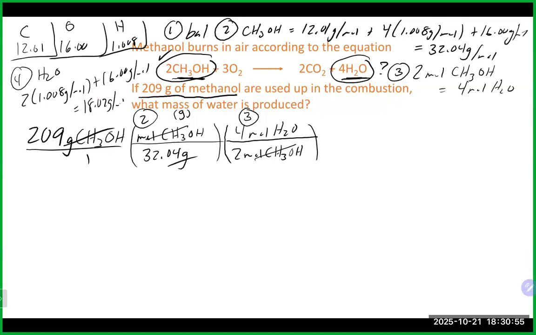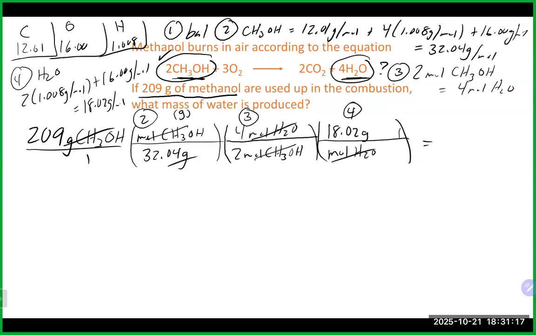18.02 grams per mole. Once again, going opposites, we got moles of water up on top, which means we want moles of water on the bottom and the molar mass in grams up on top. And that would be our 4th step. The moles will cancel. So again, here we're going to multiply everything up on top, divide by what's on the bottom.